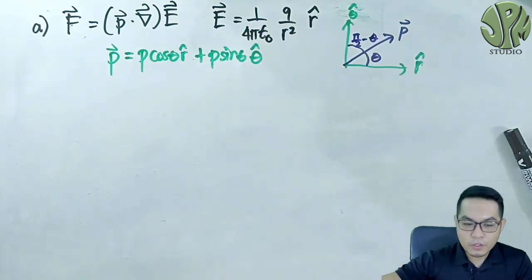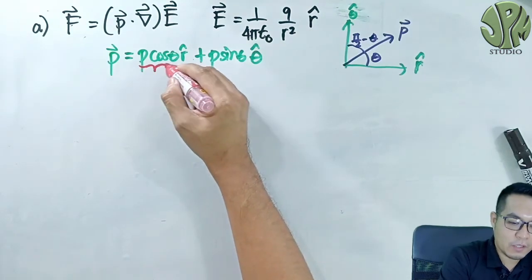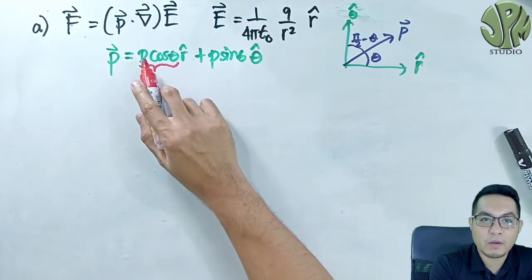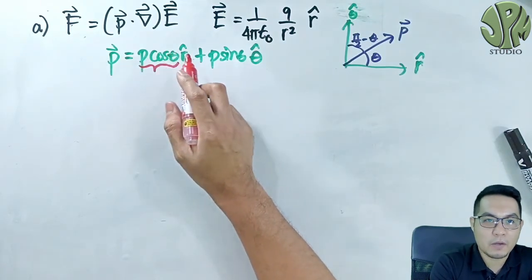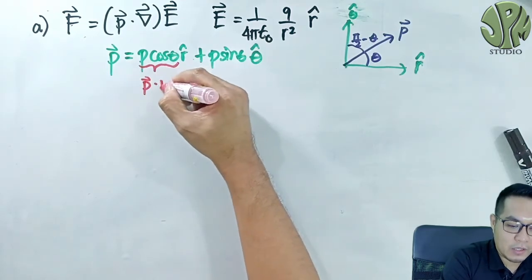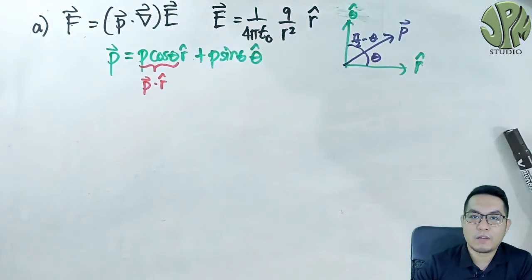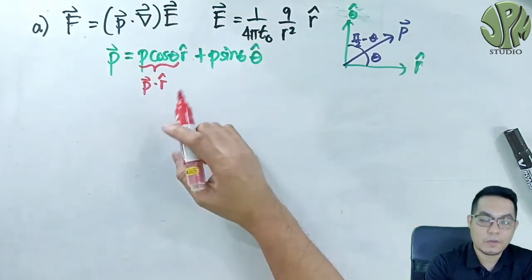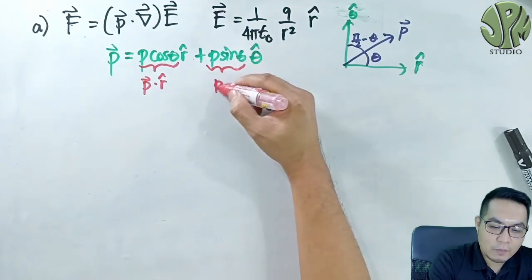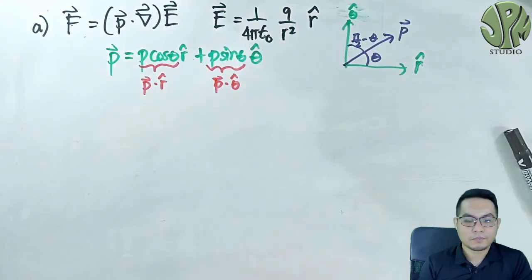So we can also write this in coordinate free form, since from here we see that p cosine theta looks like a dot product between the p vector and a unit vector. And here the unit vector that we will choose is r hat. So this is actually p dot r hat. P cosine theta is the dot product p dot r hat, from the definition of dot product. And this is actually the dot product between p and theta hat.